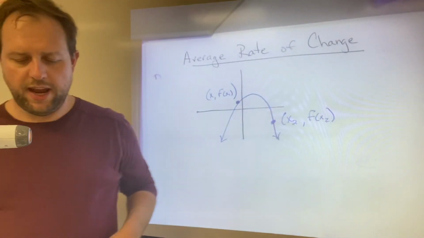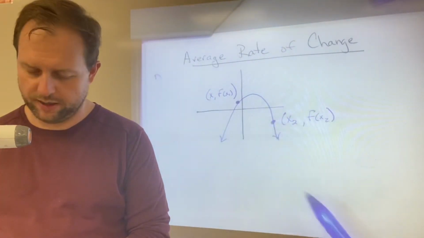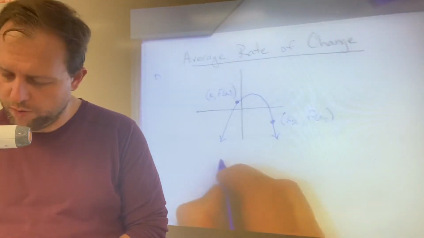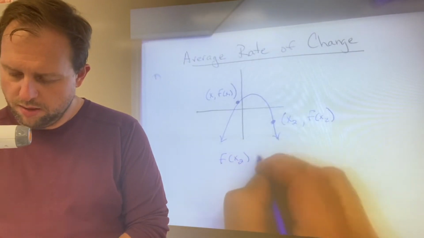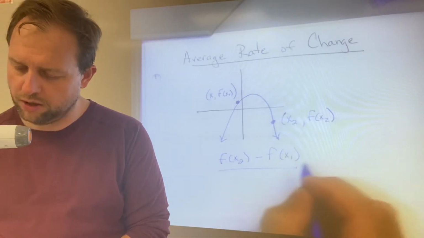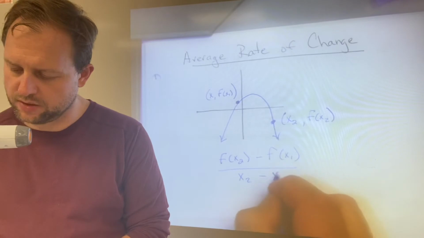And so the average rate of change is the same equation as the slope equation when we think about it like that. It is simply y2 minus y1, or f of x2 minus f of x1 over x2 minus x1.